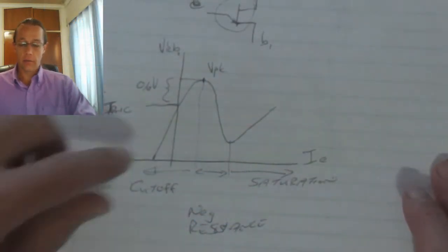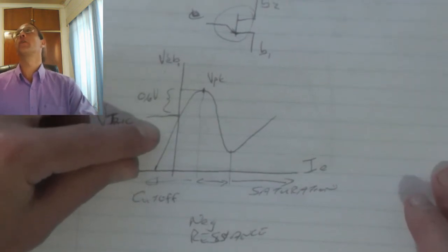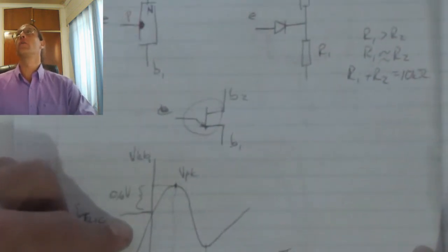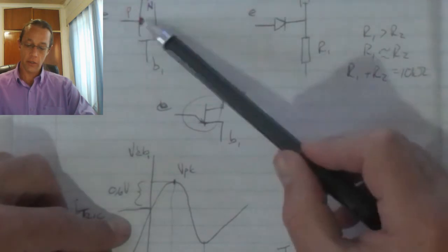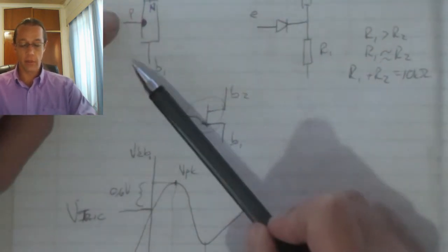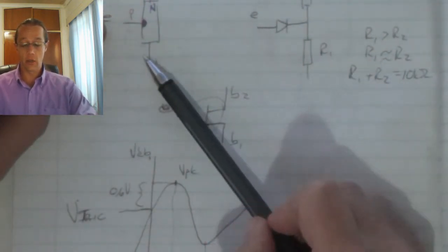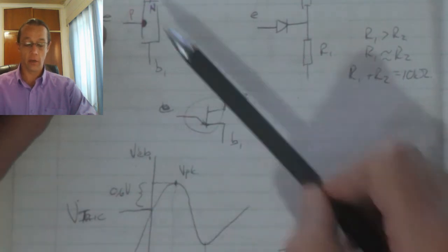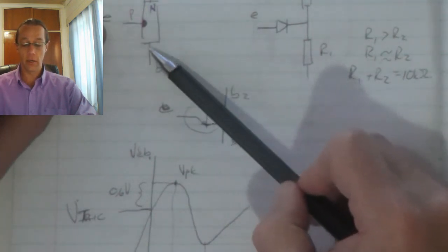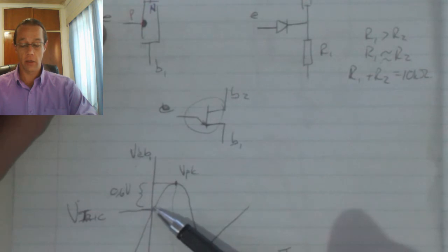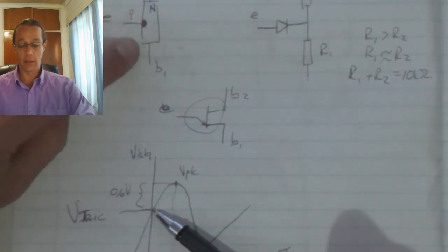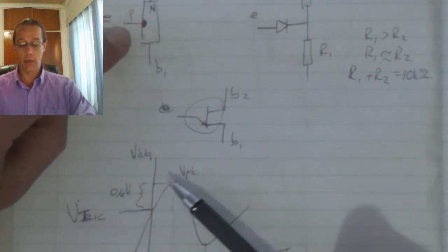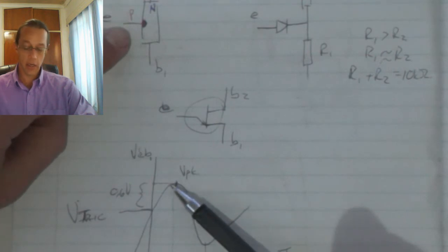Now, looking at this characteristic along with the basic construction, we can see that this voltage starts off in the reverse bias state. As I increase the voltage, I'm going to get to a point where I've got 0 volts across there. When I go 0.6 volts above that 0 volt level, that is when I reach my peak voltage.